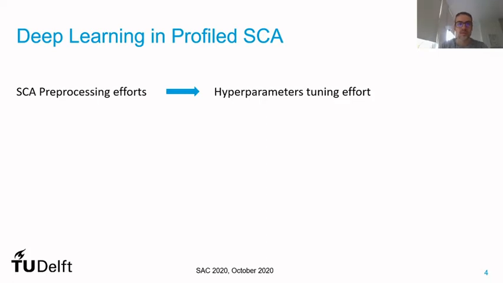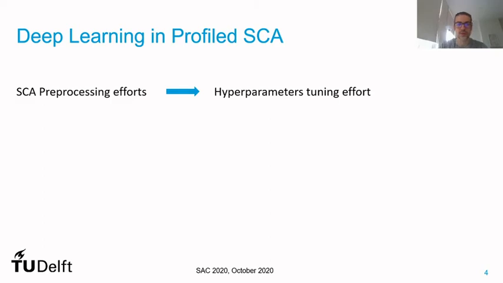What we have seen recently in the application of deep learning to profiled side channel analysis is that a lot of the effort in pre-processing side channel traces before the attack phase is moved to the hyperparameter tuning phase.